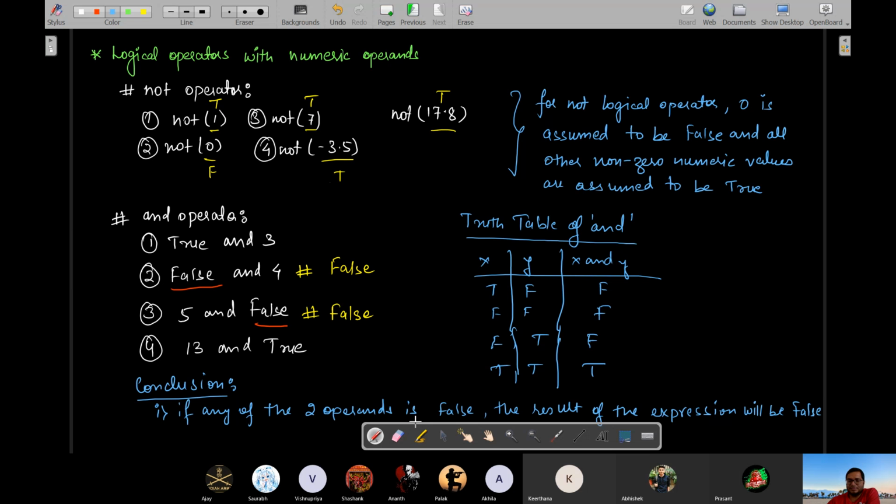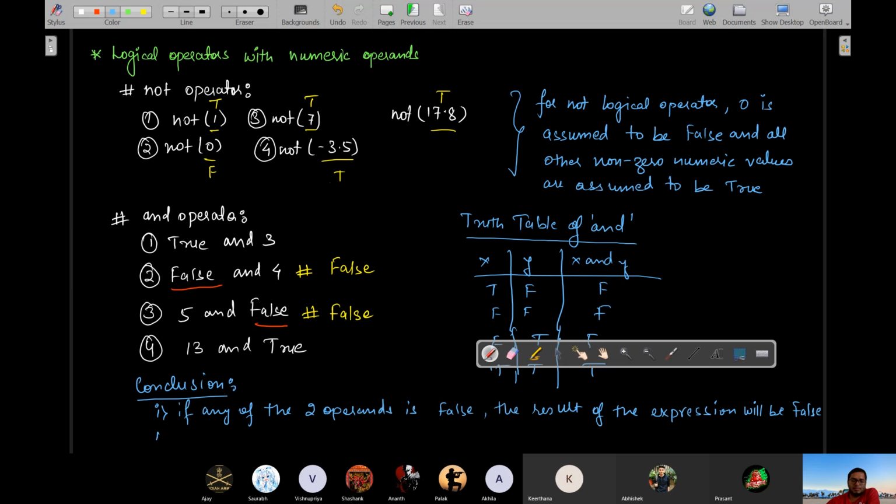In that case, if one of the operands is true and the other a numeric value, the result will be numeric value.